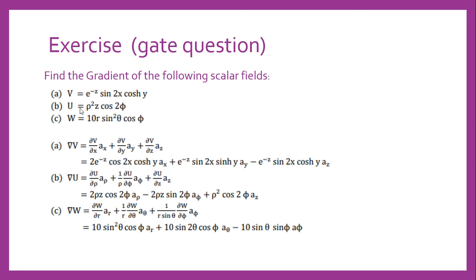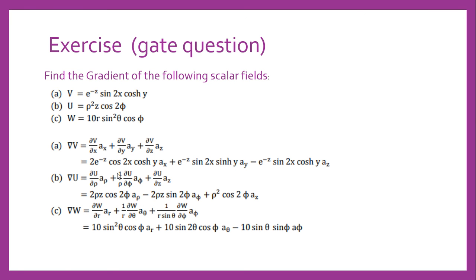Likewise you go for the second one, rho square cos 2 phi. Actually it is for cylindrical coordinates, for which I have already given the expression. The first one you differentiate with respect to rho, second one with respect to phi, and third one with respect to z. So first, 2 rho cos 2 phi a rho vector.